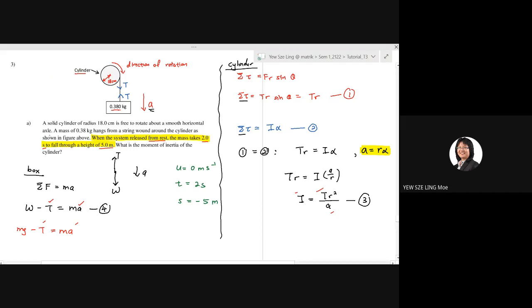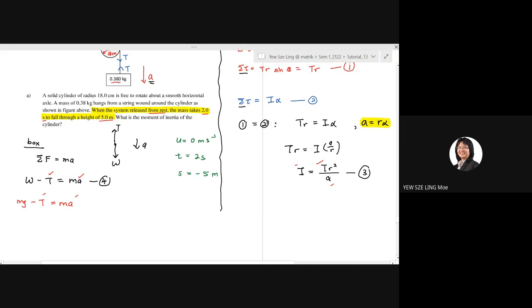So what are we going to do right now? Well, let's see. s equals ut plus 1 over 2 at squared. Now my a is going downwards.